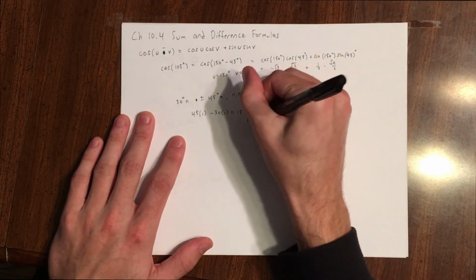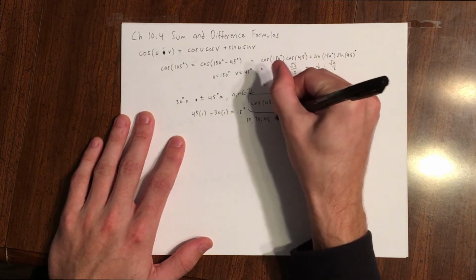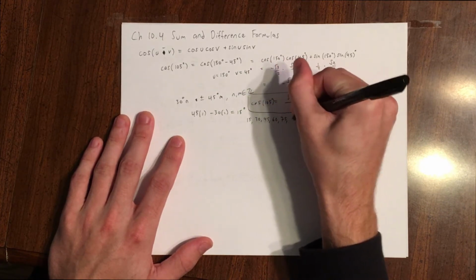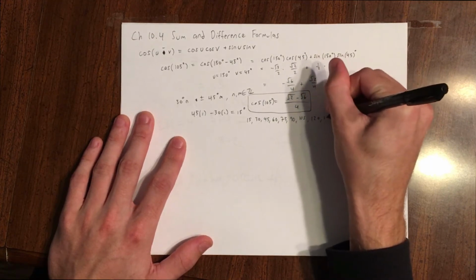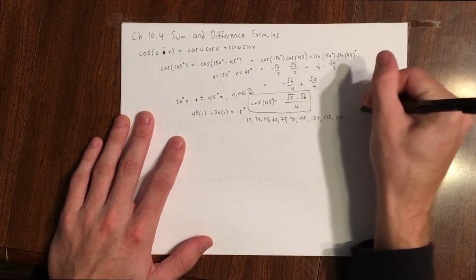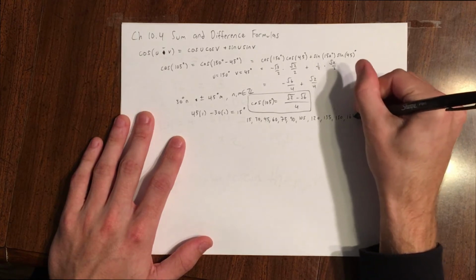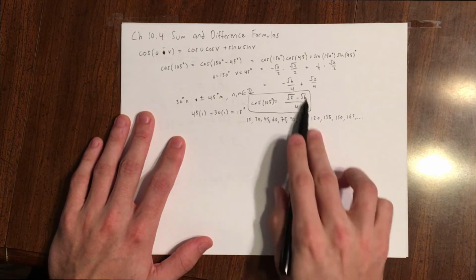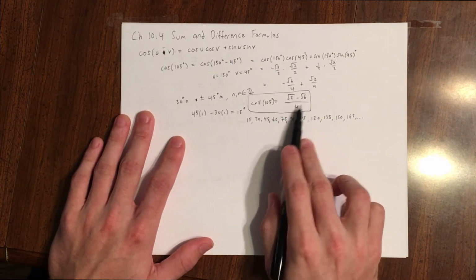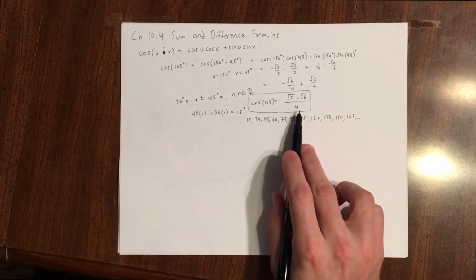So now we can find 15, 30, 45, 60, 75, 90, 105, 120, 135, 150, 165, and so on. You can find actual values as represented by a fraction of radical numbers and normal rational numbers.